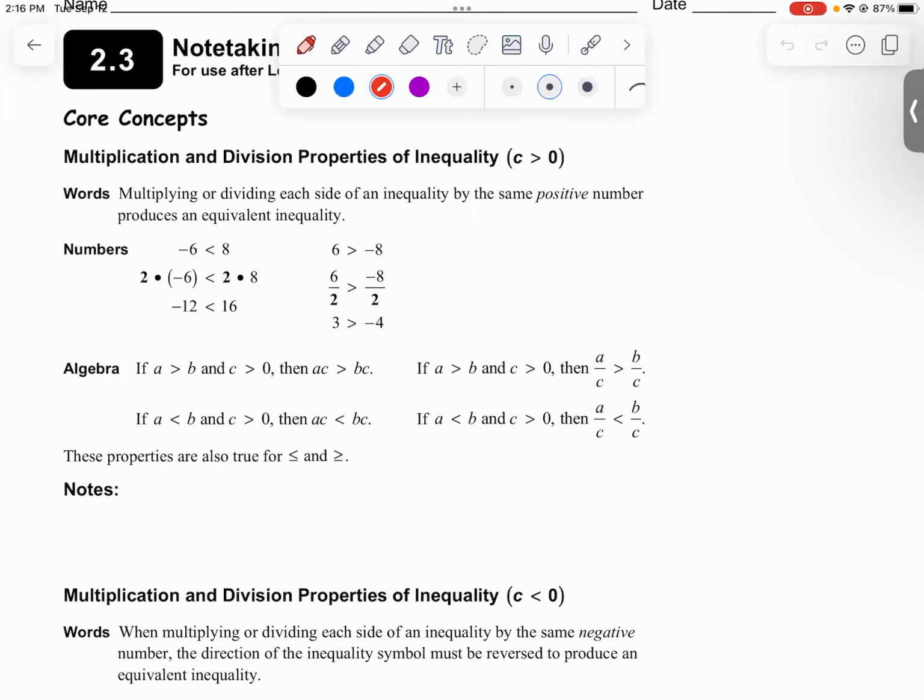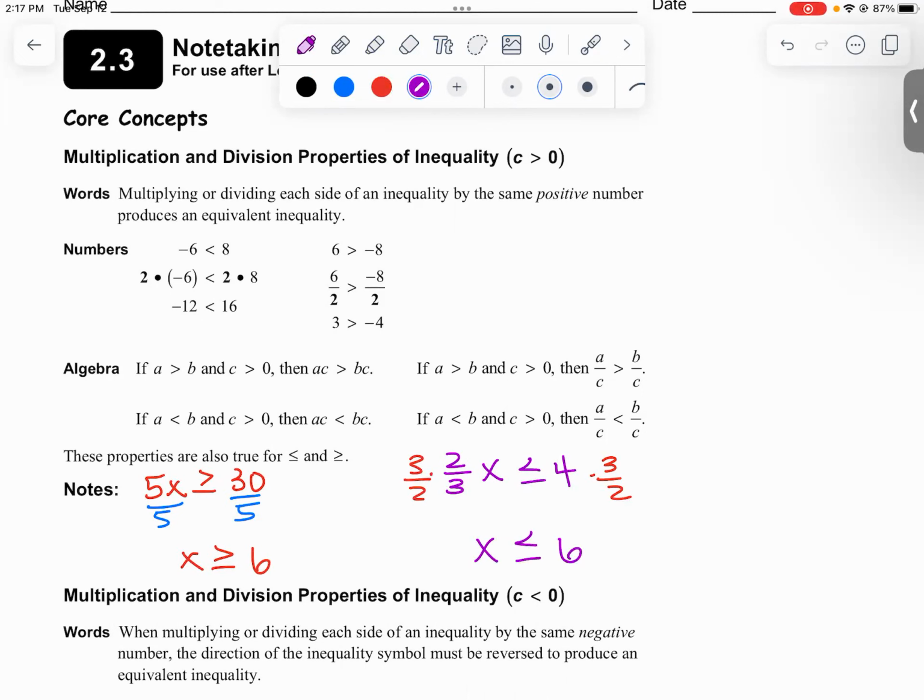Okay. Yesterday we wrote down this example. 5x is greater than or equal to 30. We divided by 5 and got x is greater than or equal to 6. We also wrote down the example 2/3 x is less than or equal to 4. Remember, we multiplied both sides by 3/2 to get x is less than or equal to 6.